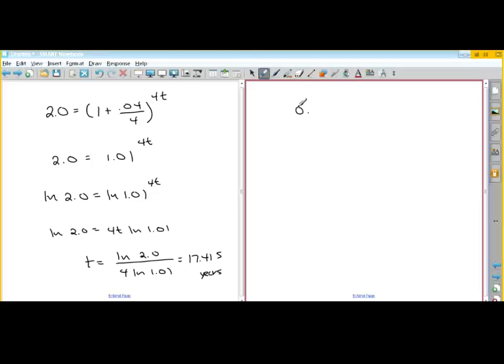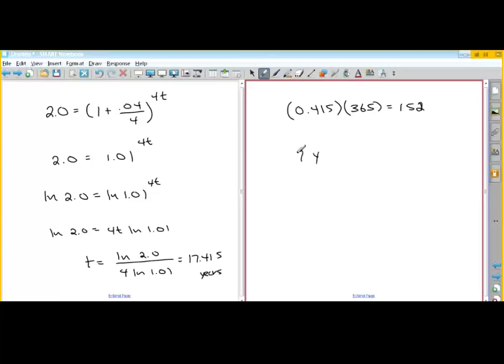Okay, so they wanted years and days. So what we have to do is take the decimal part and multiply by the number of days in a year, which is 365. 0.415 times 365 is 151. And actually we have to round it up to 152.